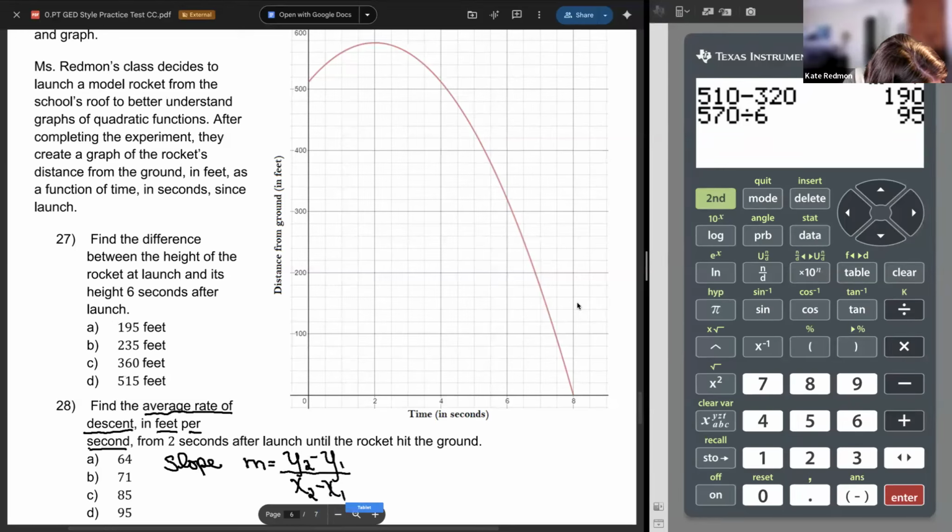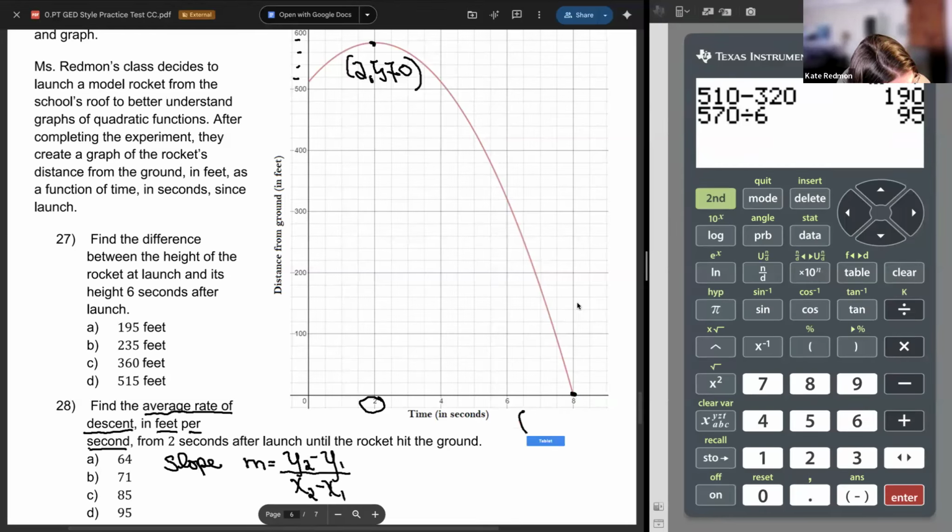Now let's pull these numbers off of our graph. So from 2 seconds after launch, okay, so I'm looking at 2 seconds after launch, and there I am. It looks like I'm just under 580, so 520, 540, 560, 580. Let's call it 570, huh? At 2 seconds after launch, I was at 570 feet. Now, until the rocket hit the ground is down here.